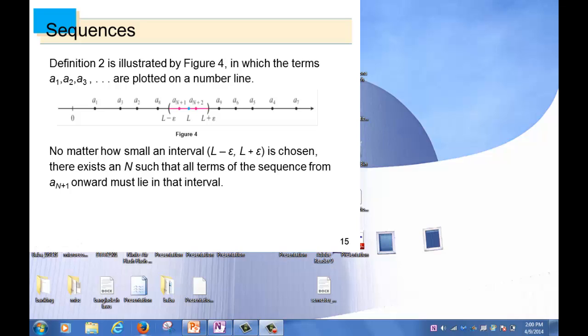Graphically, suppose you plot the terms on the real number line, and let's say this blue dot is the number L, the limit of the sequence.